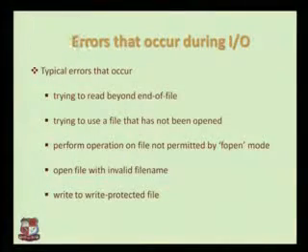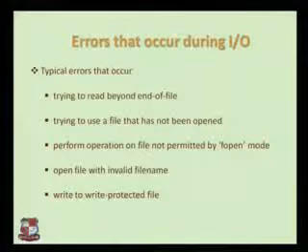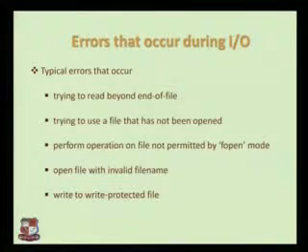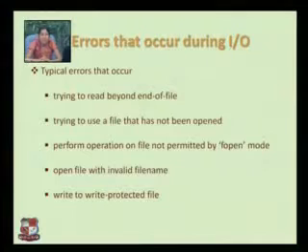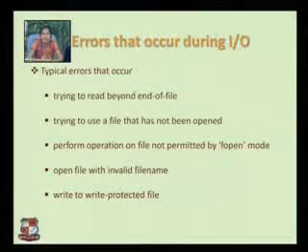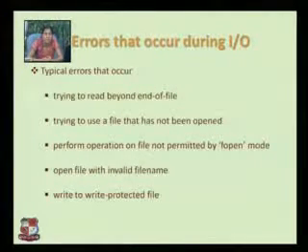What kind of errors can occur when you are using I/O? First, if you are trying to read beyond the end of file. Once you reach the end of file there should not be any data after that, so if you try to read any data after that, there will be an error. Second, if you are trying to use a file that has not been opened, then again it's an error.